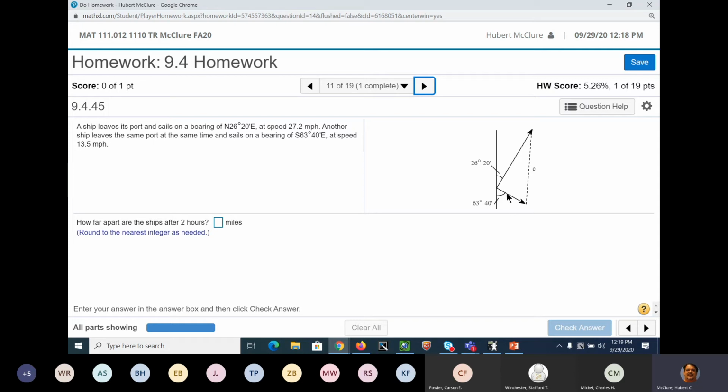I'm sorry, 27 miles this way after 2 hours, and 54.4 miles this way. Did you get that by just multiplying the speed by 2? Yeah. Okay, just making sure. Check me because I was doing it in my head.